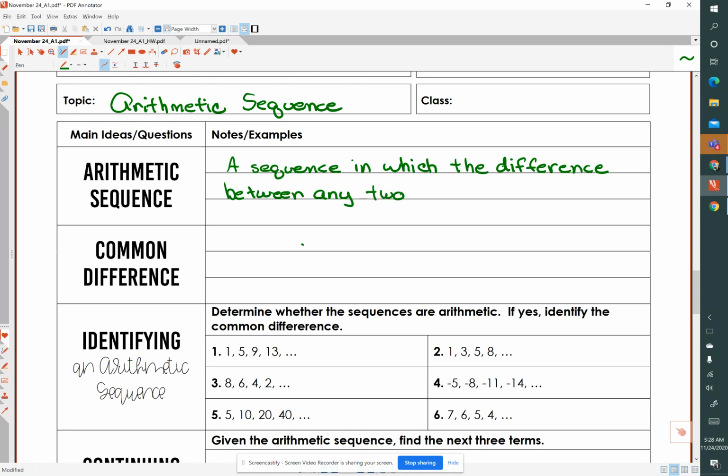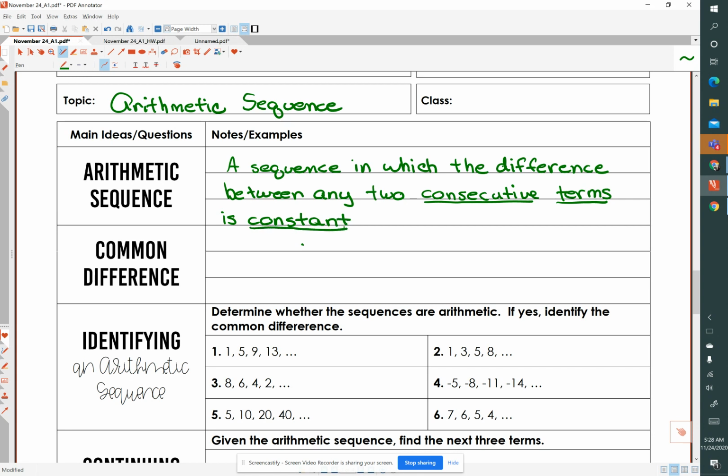I didn't say consecutive numbers this time. I said consecutive terms. Is constant, and that word constant, it is the same.